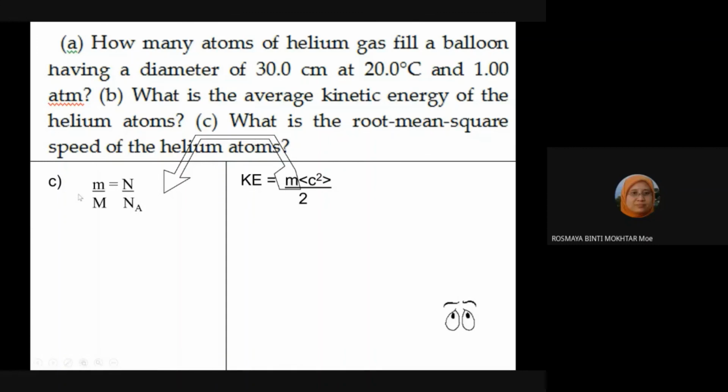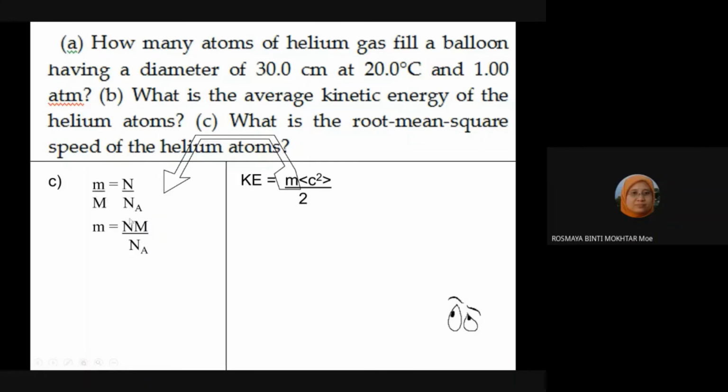So m per molar mass, and the molar mass can be obtained from the periodic table for helium. n is the number of molecules or atoms of the helium gas divided by the Avogadro number, also calculated in question A. So now we substitute all the values to get m.